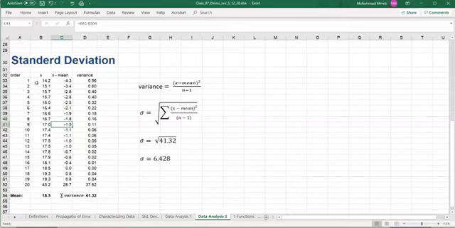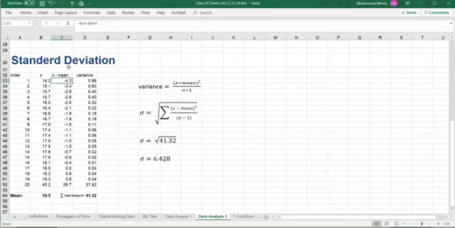But if you look at the other one, the X is changing; every time I move to the next one, it keeps changing. So the X is a relative reference, and we make the mean an absolute reference. If you don't do that, you get the wrong answer.